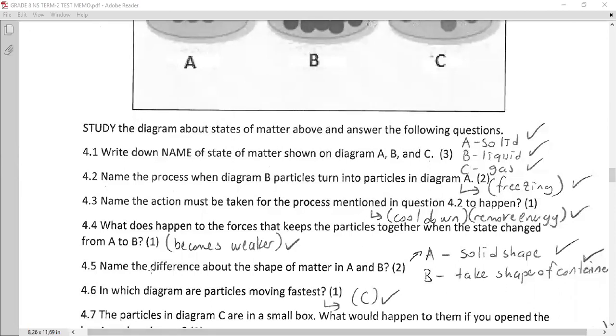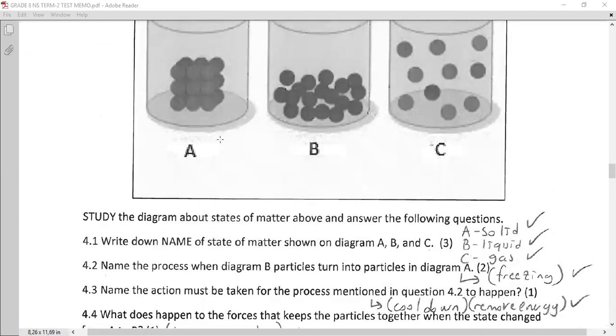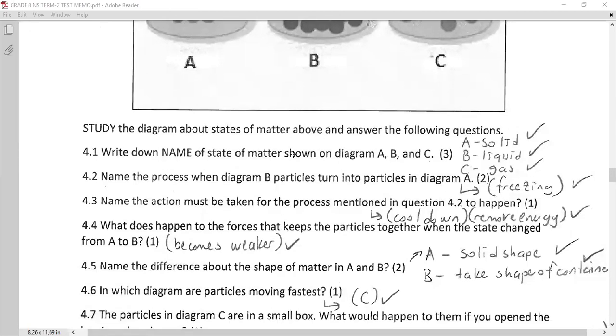4.5. Name the difference about the shape of matter in A and B. Shape of matter: as you can see, A is like a solid shape, okay? Particles are close to each other. They are hard. Anything similar to the solid shape, you receive the full mark. And B takes the shape of the container, okay? They are away from each other.